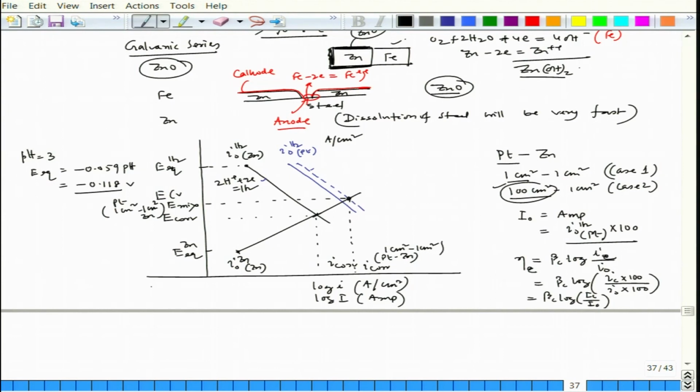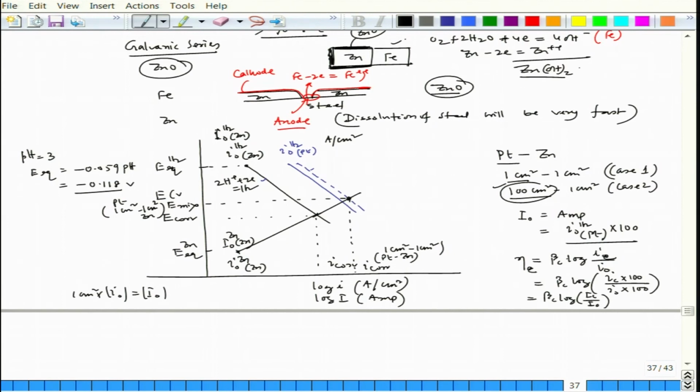So magnitude wise I 0 would be the same, only the unit would change, because I am multiplying this with 1 centimeter square. So I can keep small I 0 or capital I 0. In this case also I can write capital I 0 hydrogen on zinc surface, because the area of zinc remains the same.